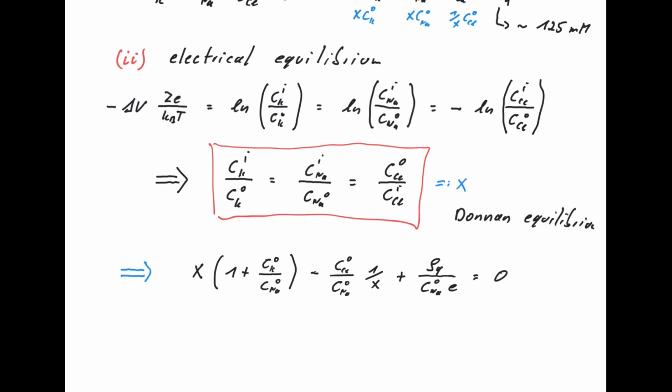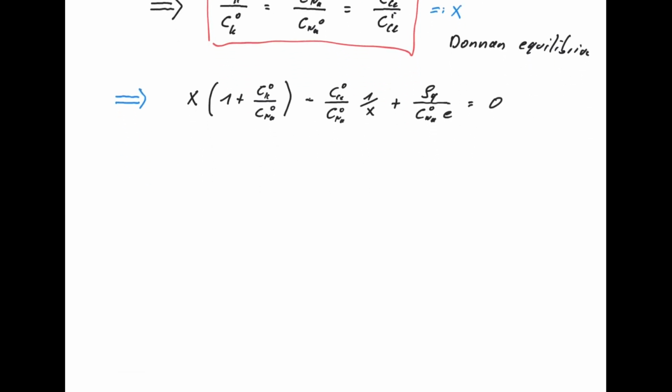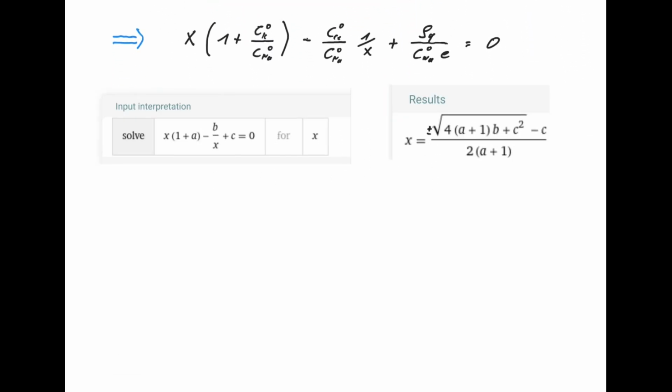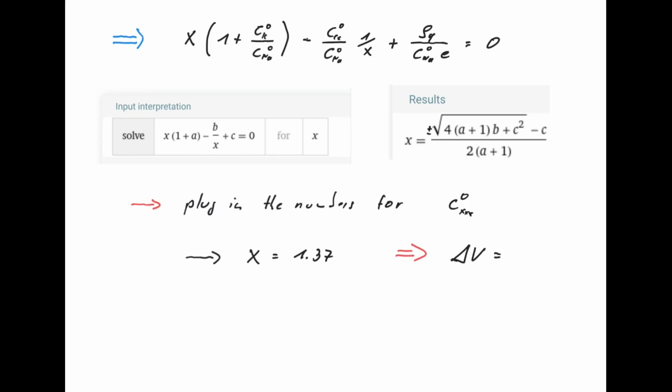That leads to a second order equation in x, which we can easily solve. Let's just use Wolfram for doing that, and we get an equation for x. Now filling in the actual concentrations that we measure in cells, we find that x is 1.37, and that translates to a membrane potential in the Donnan equilibrium of minus 10 millivolt.